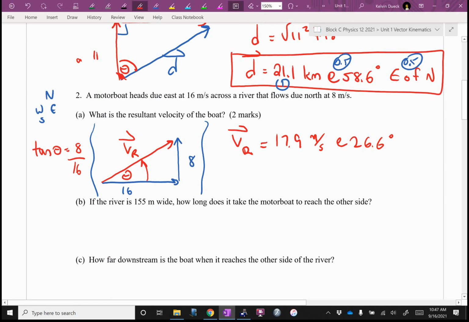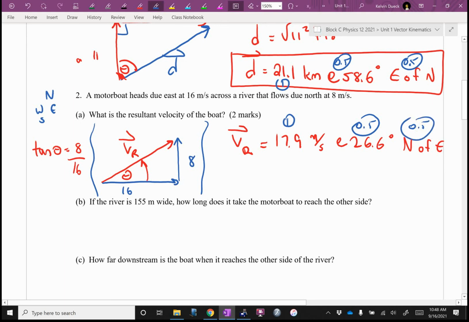North of south, east of west, what of what? North of east, or 73.4 degrees east of north, I think. Again, 1 mark for the magnitude, a half mark for the theta, and a half mark for the what of what.